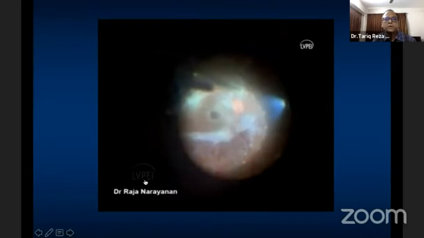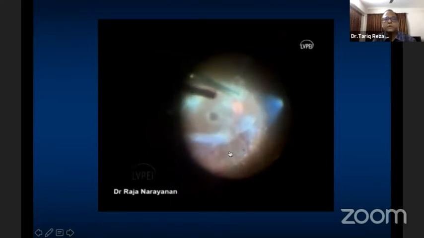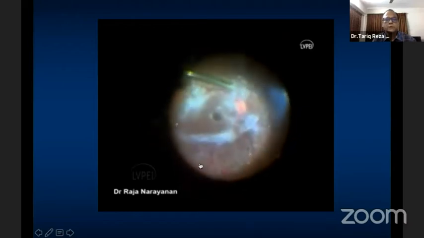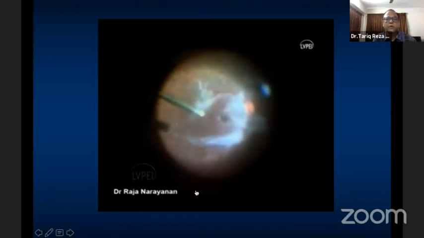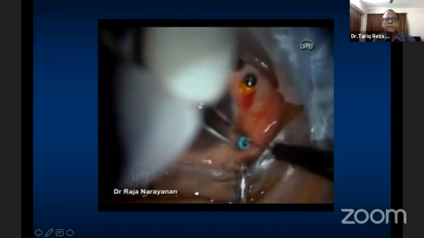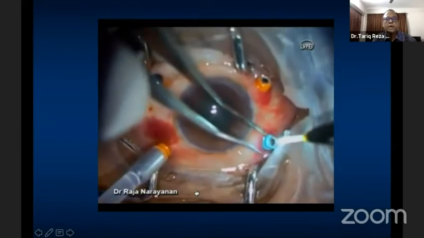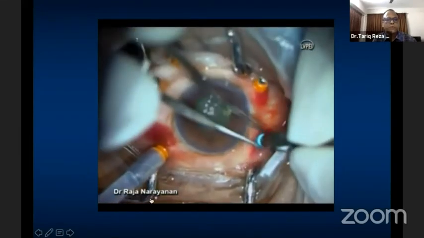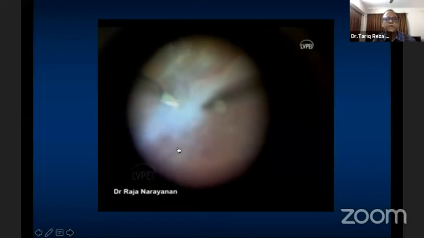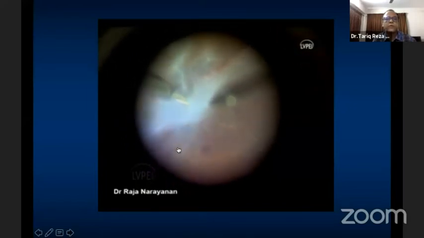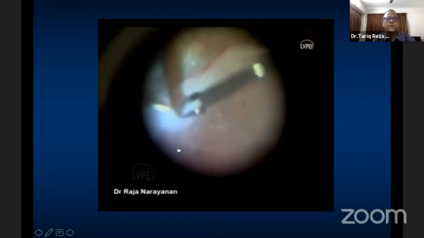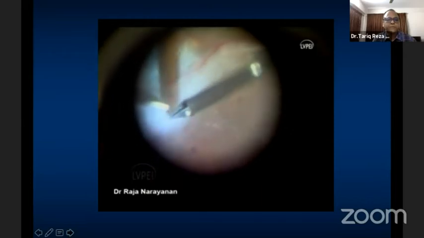Another surgery by Dr. Raja was bimanual vitrectomy, and that is another with chandelier light. We can also do this type of surgery if needed. Here it was a very thick ERM, so it needed bimanual surgery. The very thick ERM was cut, and the surgery was done.